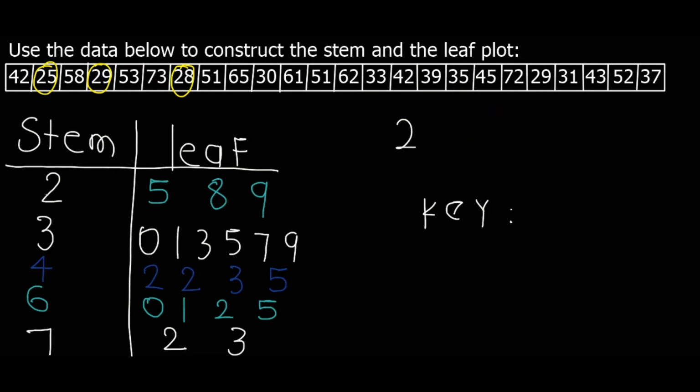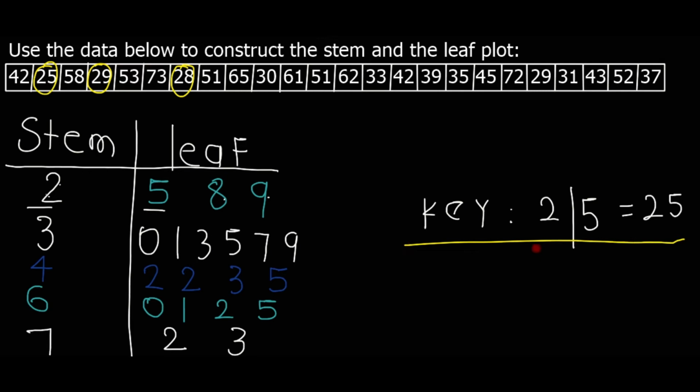So you must show. So you will do it this way: you can say 2, and then 5, and then show that it represents 25. You can say 2 or 8, 2 or 9, but the key thing is we want to see that this stem and this leaf together tell us whether it is a whole number or a decimal. So that is our key. It's always important to write it.